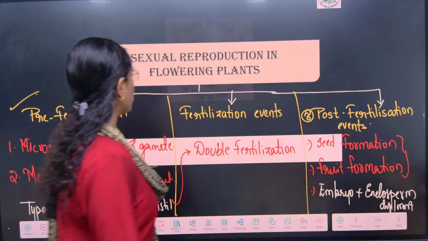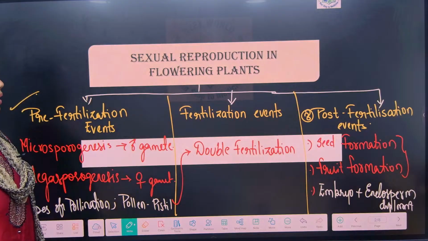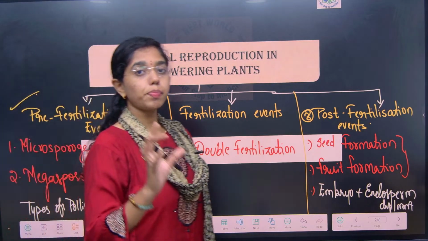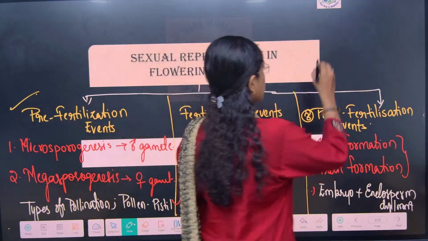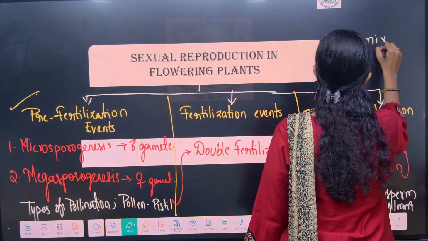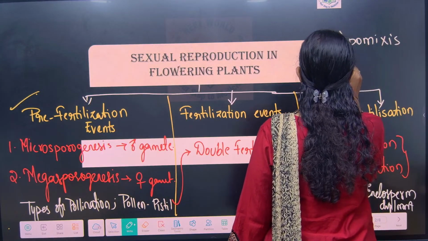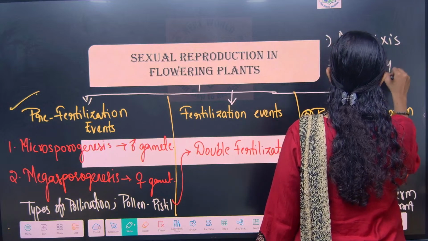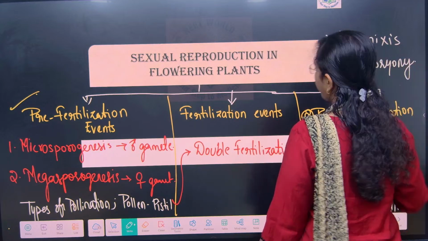Got it right? So, these are the major events that happen in sexual reproduction of flowering plants. Along with this, you will be learning on some special phenomena, that is apomixis and polyembryony. Fine, right?